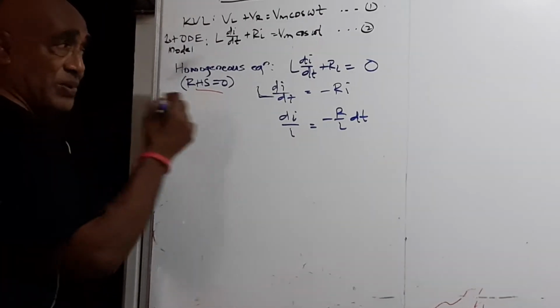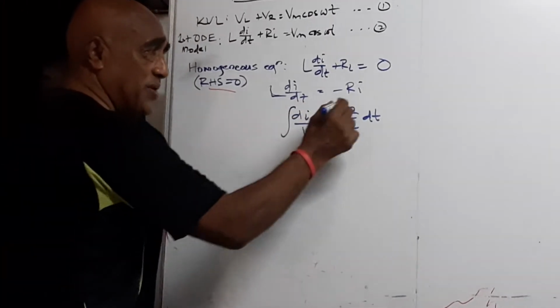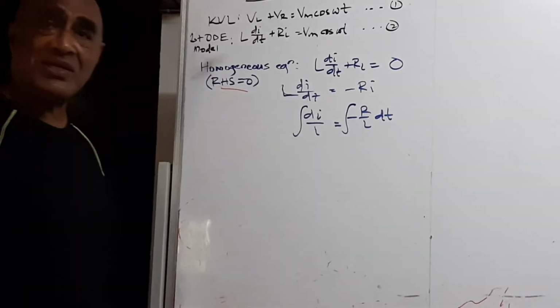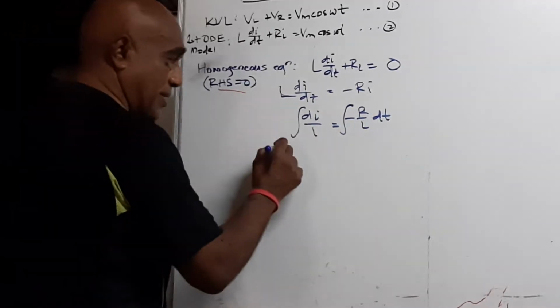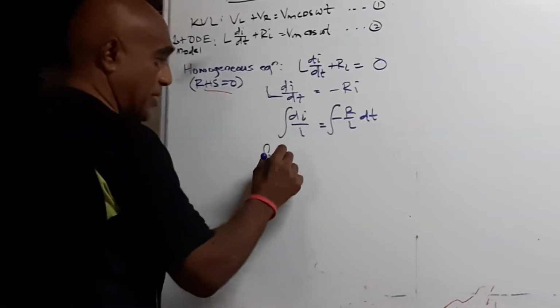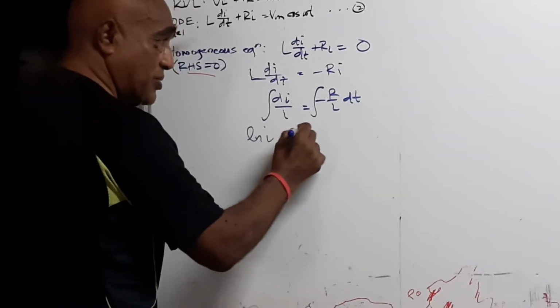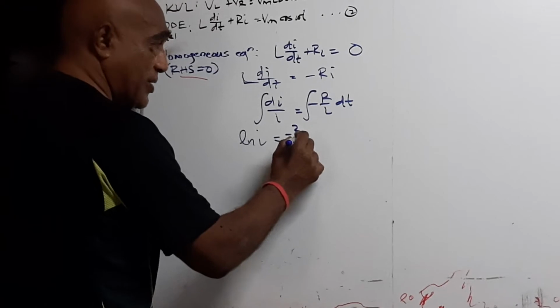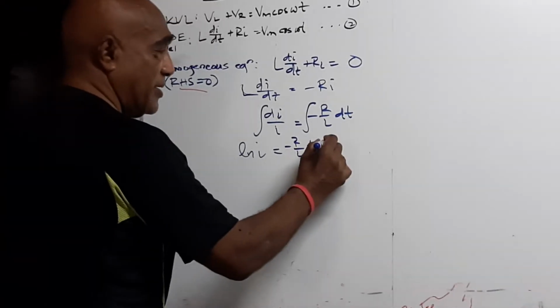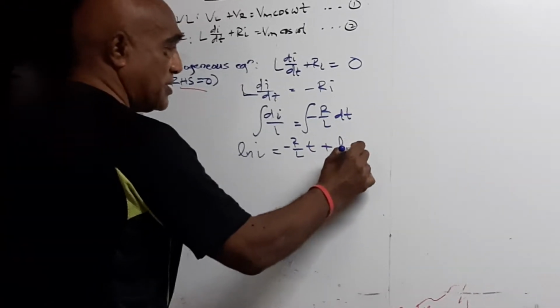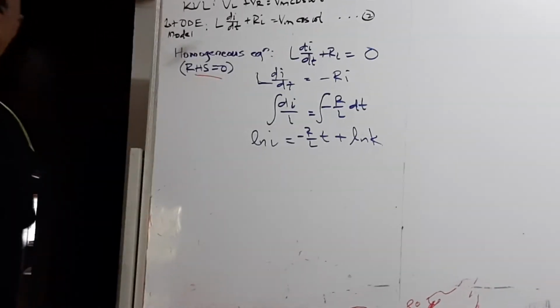And of course, this we need to integrate to get rid of the differentials. And that will give us ln i is equal to minus R over L t plus a constant which we name ln k.